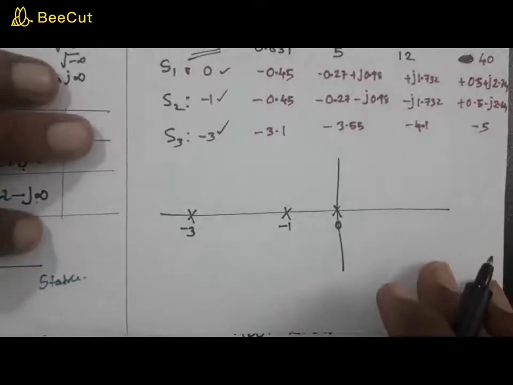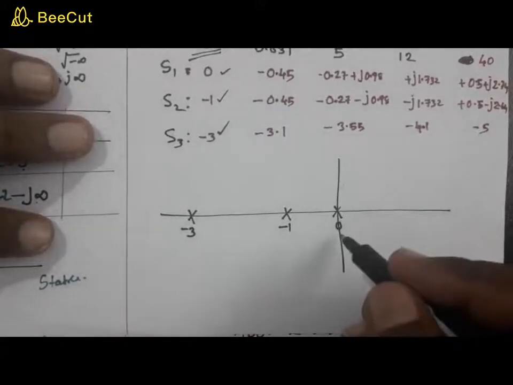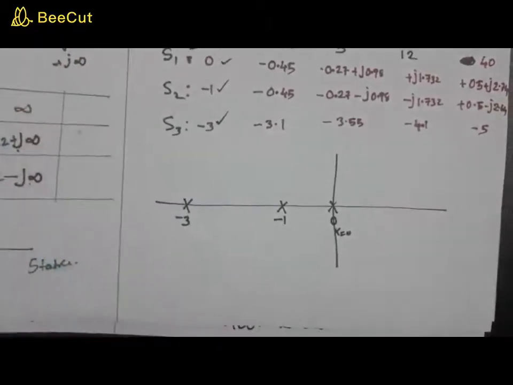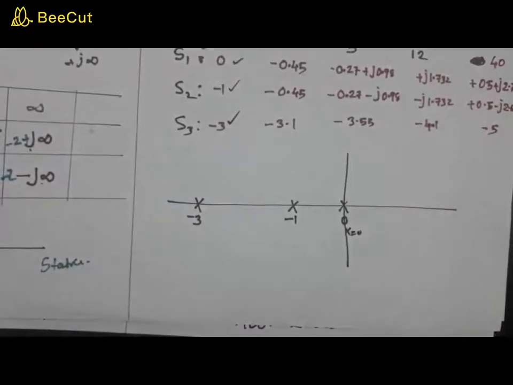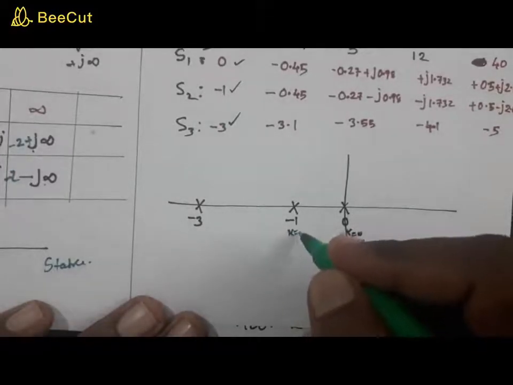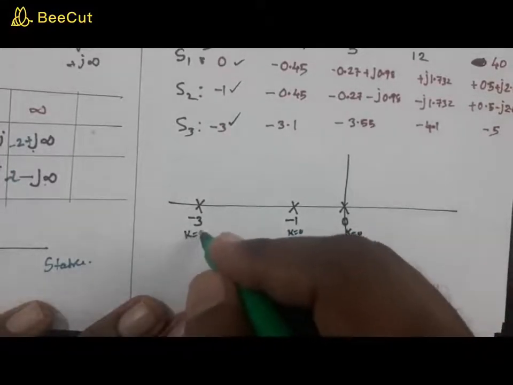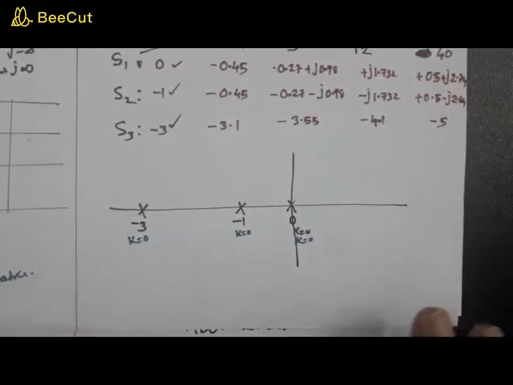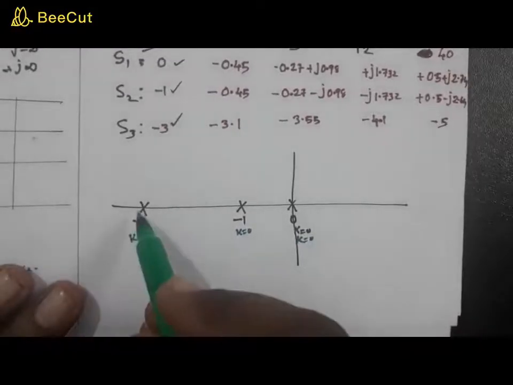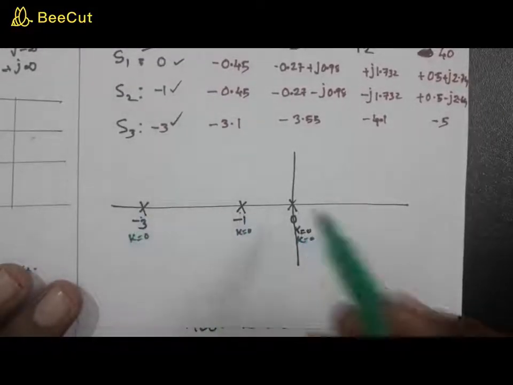Now let's try to plot. These are the points at k is equal to 0. So at k is equal to 0, the root locus has three roots emerging. Three roots start, from minus 3, from minus 1, and from 0.